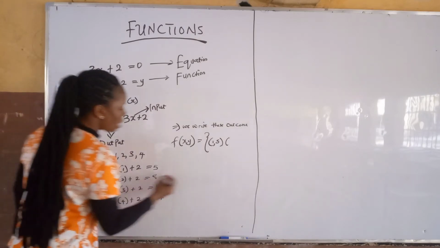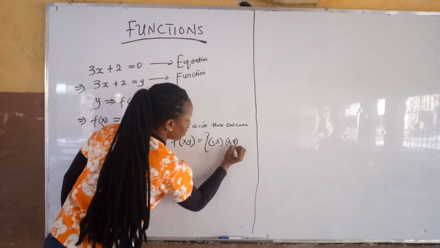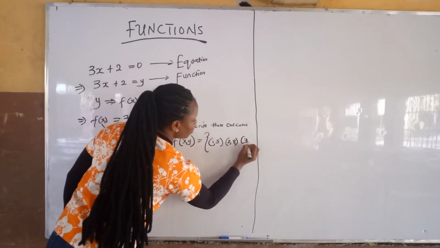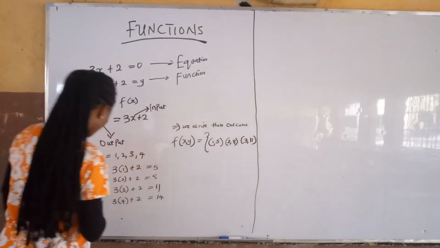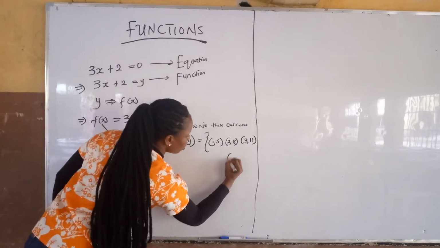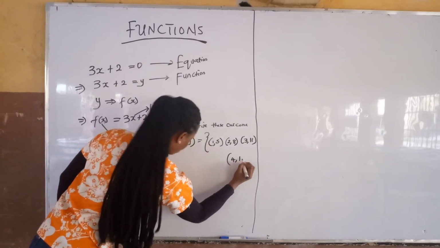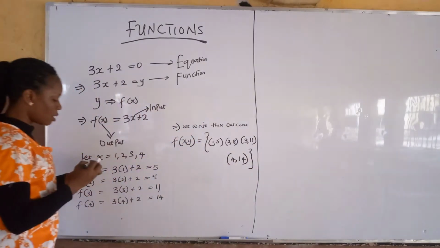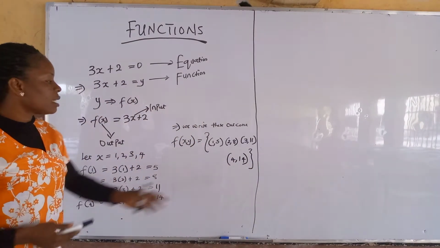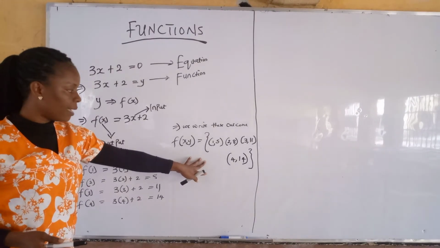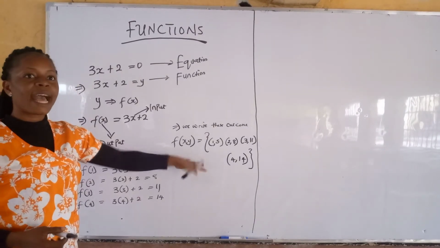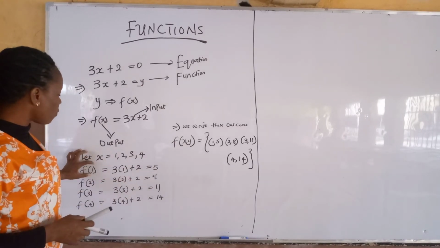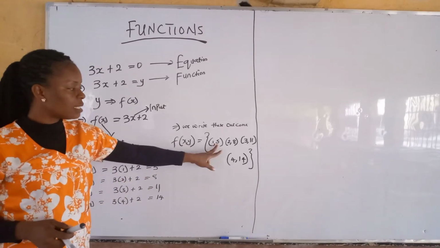When x is 2, the outcome is 8. When x is 3, the outcome is 11. And when x is 4, the outcome is 14. And we close the set. So this is what we call an ordered pair, because it is ordered such that any value you substitute for x, you have a unique outcome.